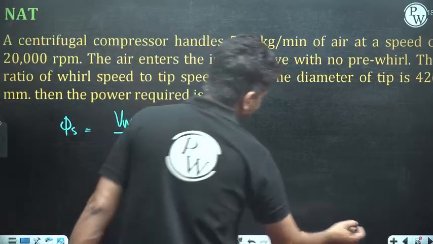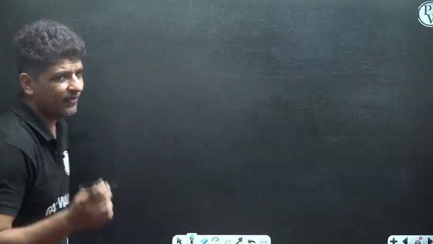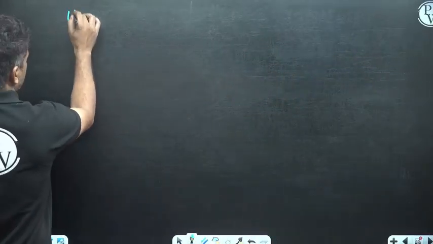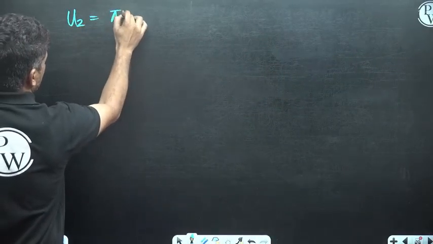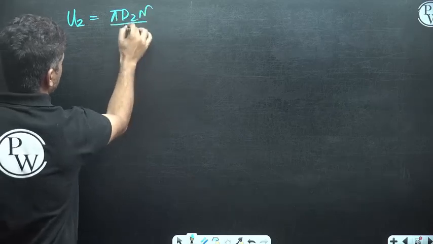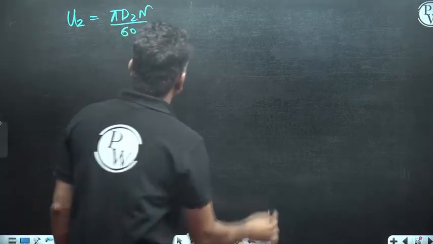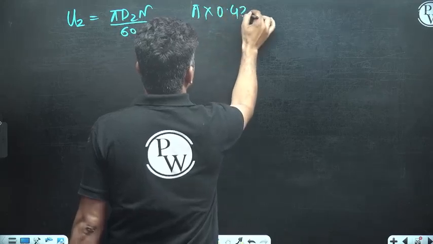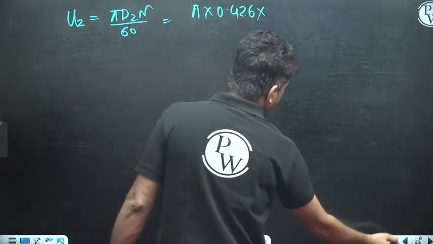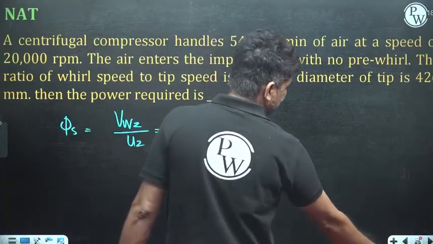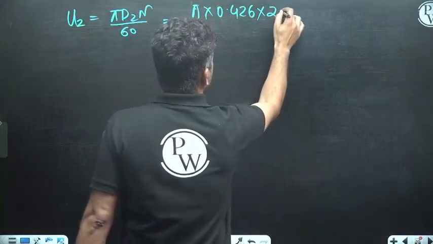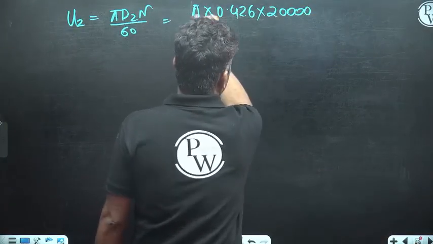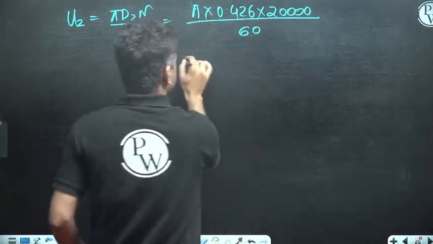So now you see that he is calculating the power required. So to calculate power required, you need to calculate U2. U2 can be written as pi d2 n divided by 60. Okay, so this is pi multiplied by 0.426 multiplied by n. N is 20,000 rpm. So 20,000 divided by 60.